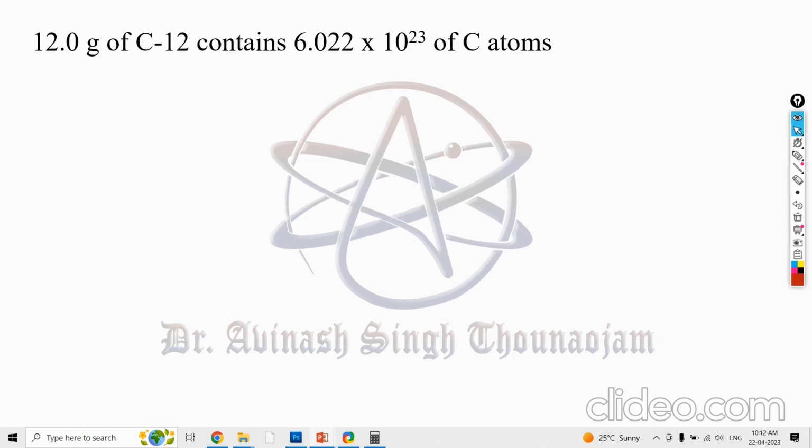That is the same definition of a mole, just different wording. 1 mole is nothing but 1 Avogadro number of something, and Avogadro number is 6.022 into 10 raised to 23.